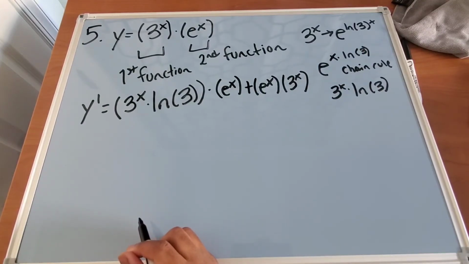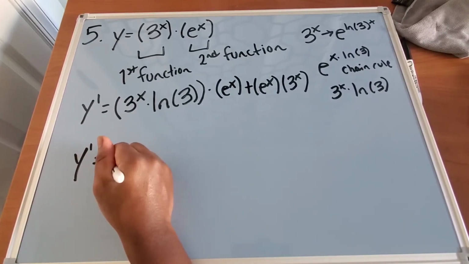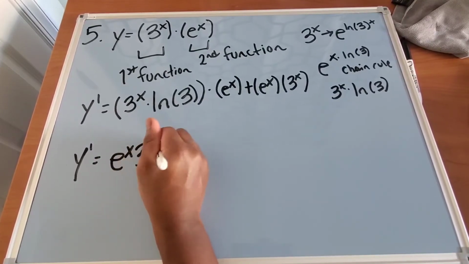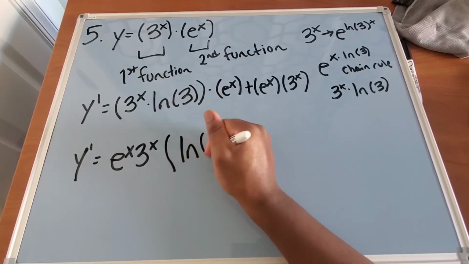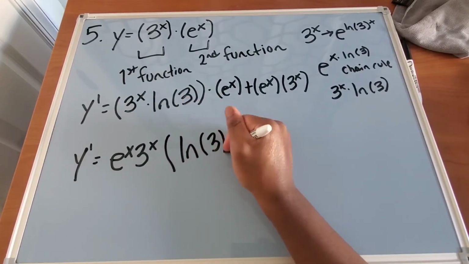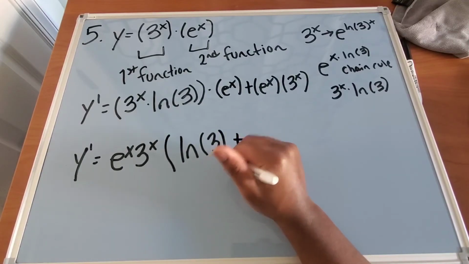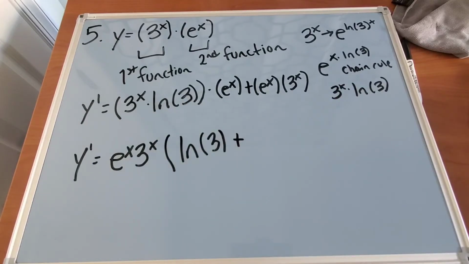So we can pull out an e to the x, so we can pull out a 3 to the x. So we can say that y prime is equal to e to the x, 3 to the x, parentheses, natural log of 3, plus, one second, slight mistake here.